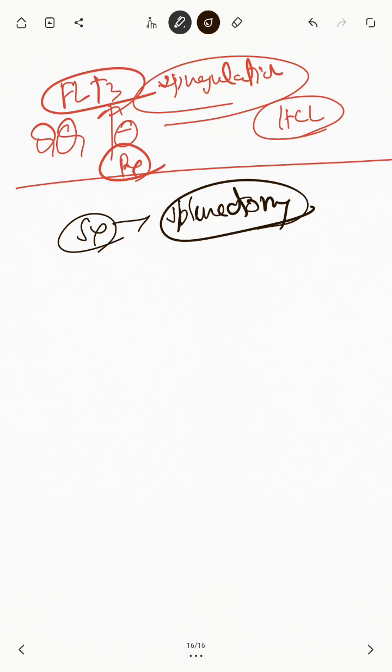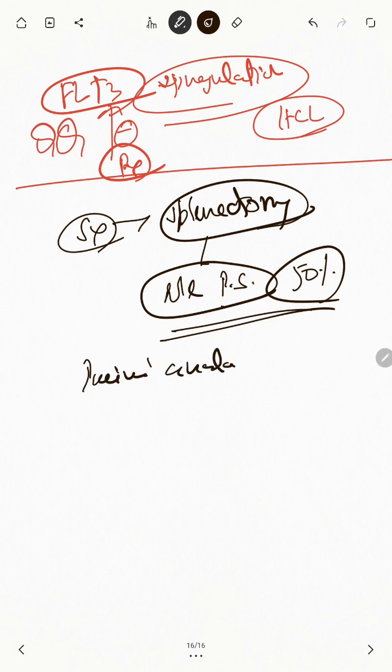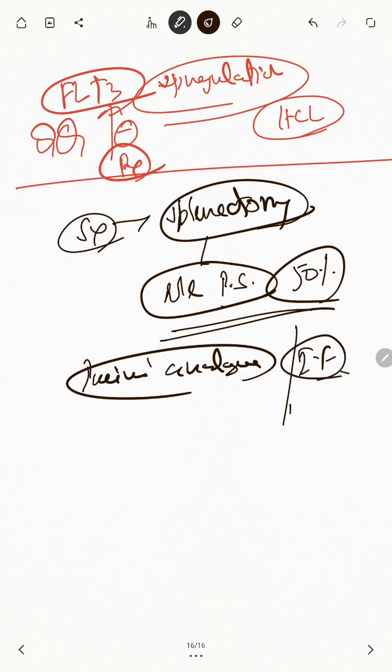Removing the spleen leads to normalization of the peripheral smear in nearly 50% of patients. But later, with the introduction of purine analogs and interferons, the treatment modality changed.